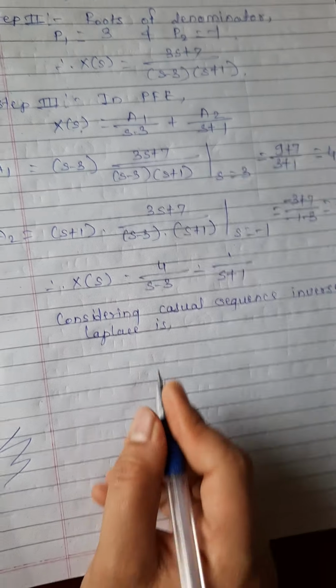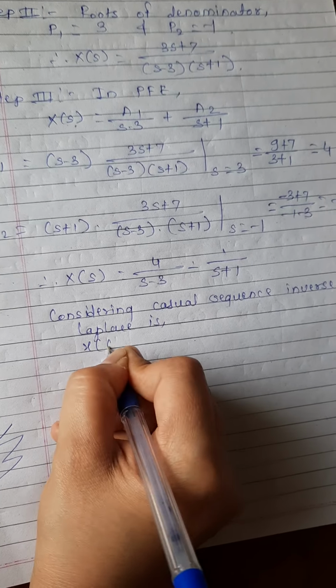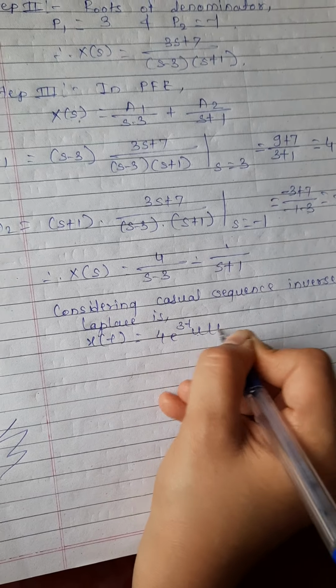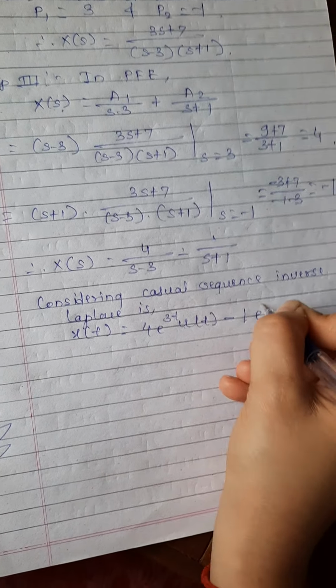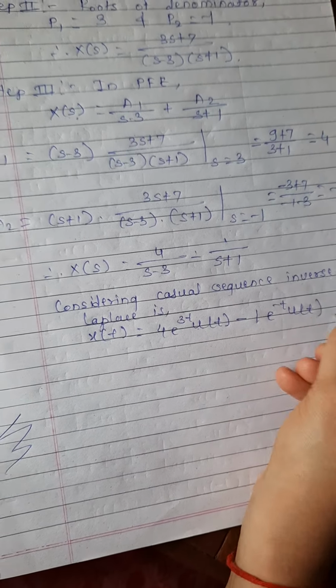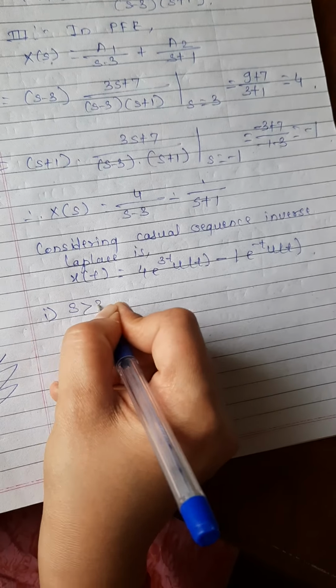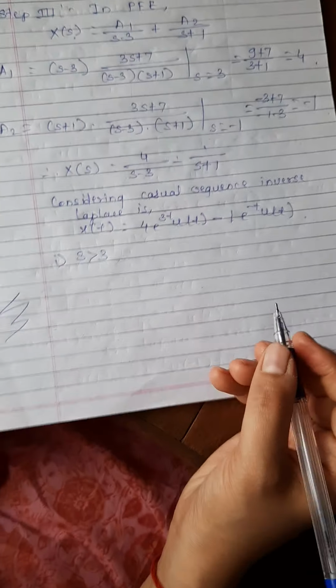X of t is equal to 4 e raised to 3t u of t minus 1 e raised to minus t u of t. So the first condition is s greater than 3.